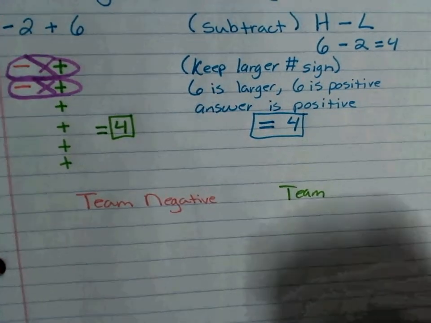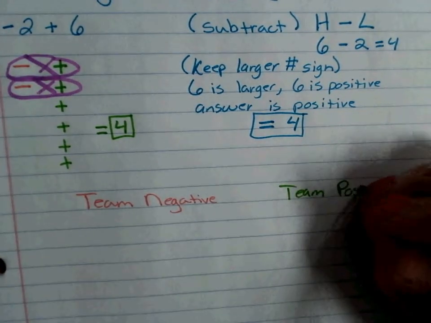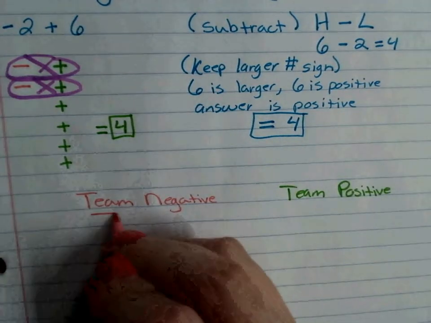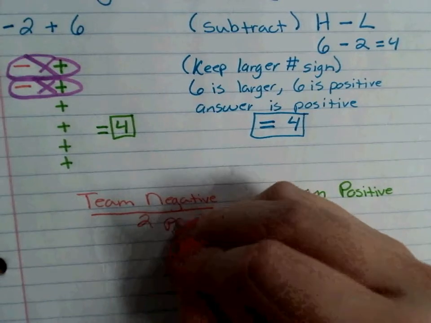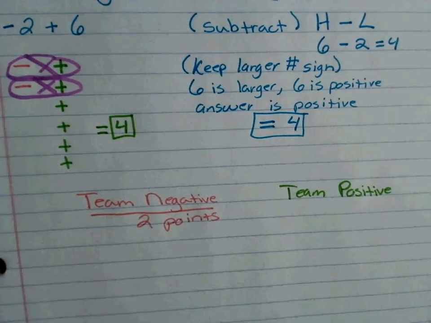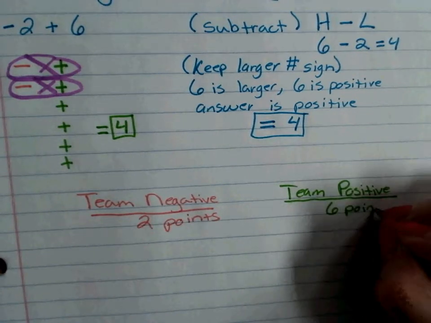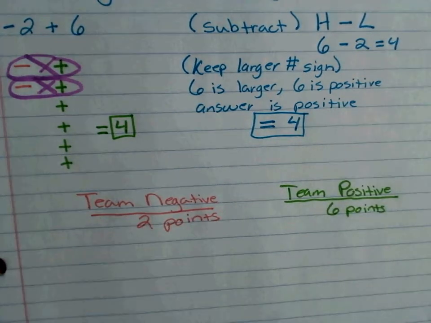If I look at the problem and I view those as points, how many points is team negative? 2 points, right? Team negative has 2 points. How many points does team positive have? 6 points.